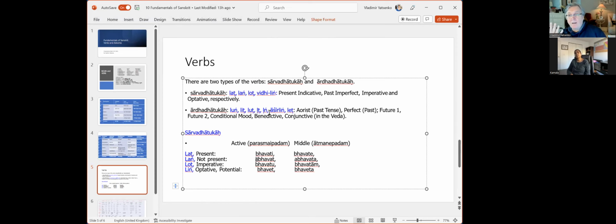So 10 lakaras. These are the technical words. They have no meaning other than defining those particular forms of the verbs. Why are they ardhadhatuka? Because not all the verbs have aorist, for example. Only 250 verbs have aorist forms. Not all the verbs have perfect. Not all the verbs have future. So some forms have. Whereas sarvadhatuka have all the verbs. All these forms will be there.